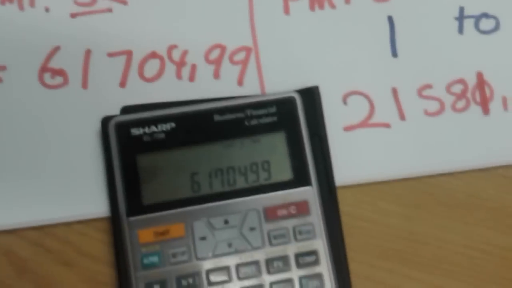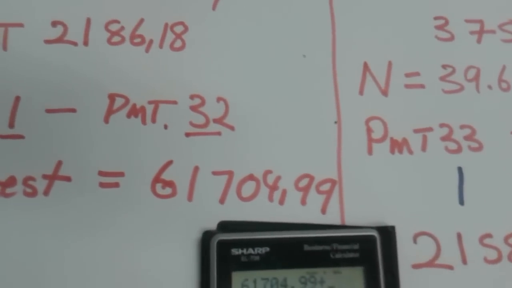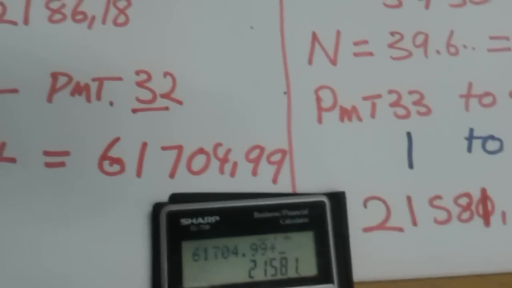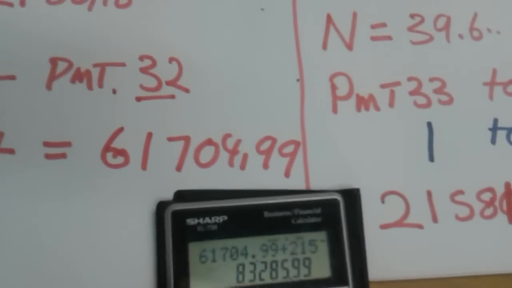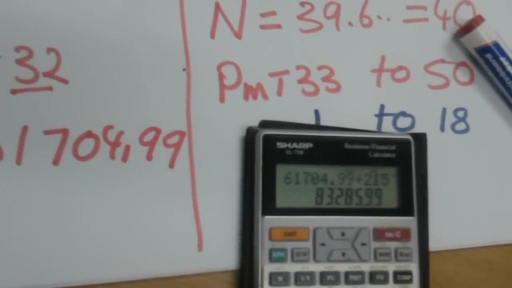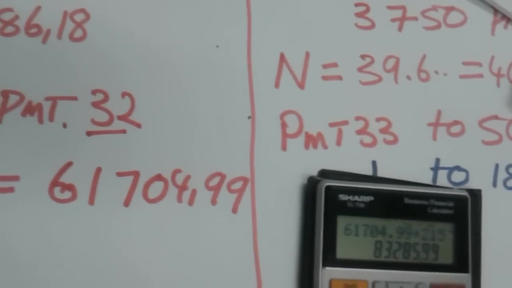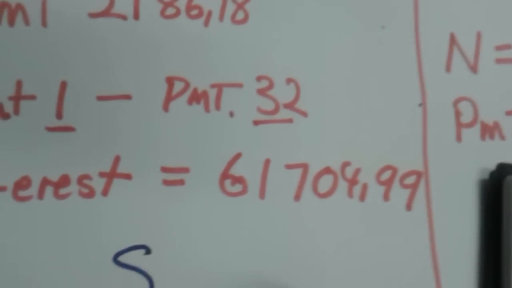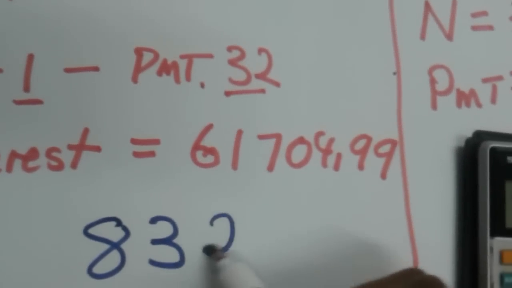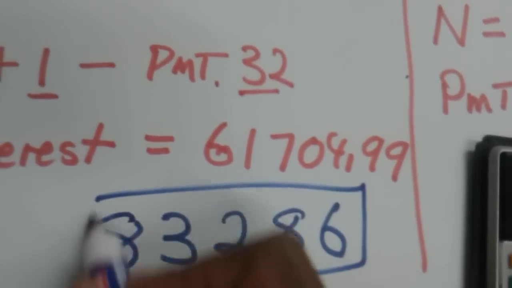There it is, plus this one, 21,581. Then you get your answer as 83,285.99, which is as good as 83,286. There you are, and your answer becomes option number A.